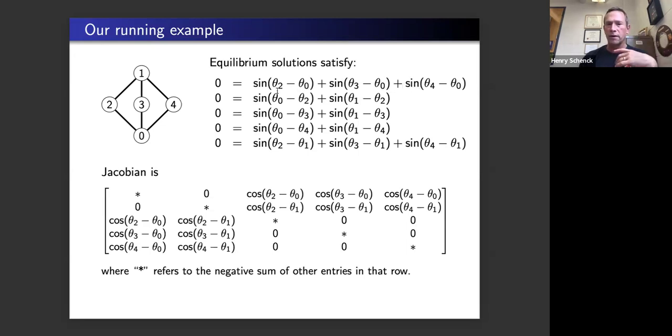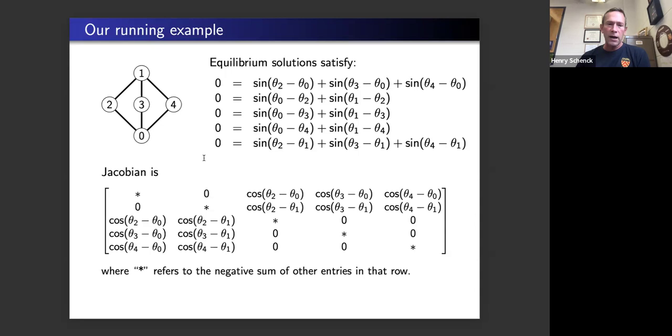Visibly, if I differentiate this with respect to theta 1, there are no theta 1s in this first equation, and so I have a 0 in row 1, column 2. When I differentiate this with respect to theta 2, there's only one of these sines that has a theta 2 in it. The derivative of sine of theta 2 minus theta 0 is just cosine of theta 2 minus theta 0. So in row 1, column 3, I have that cosine, and so on across the rest of the way.